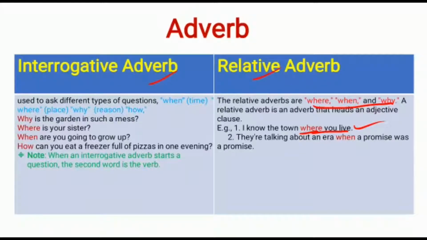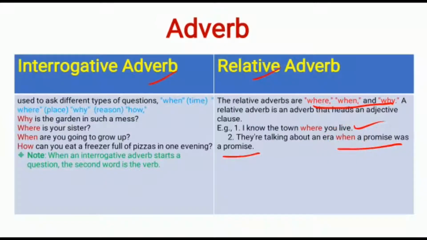Because here town is a noun and thus the adverb where heads an adjective clause. Similarly, when we say they are talking about an era when a promise was a promise, here when a promise was a promise, this adjective clause is headed by the adverb when.